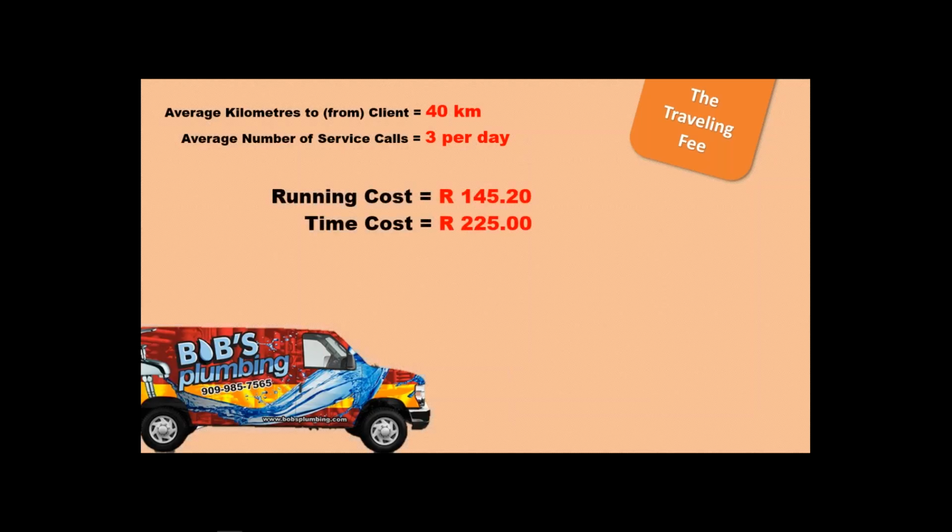So we know that our running cost was 145 Rand and 20 cents. Our time costs were 225 Rand. Therefore, the total traveling fee that we have to charge based on those variables is 370 Rand and 20 cents.